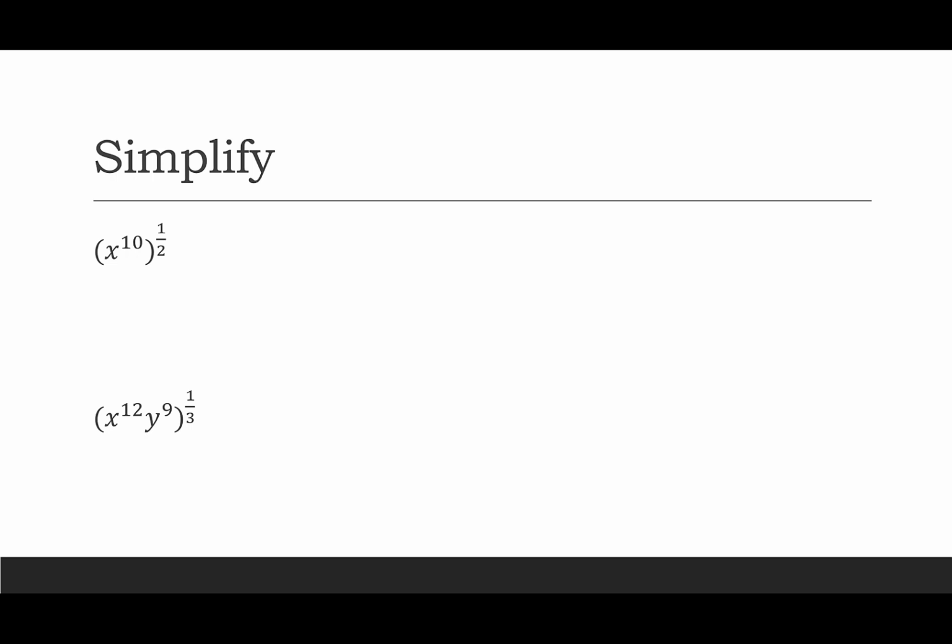Let's take a look at x to the 10th to the 1/2. So we know this is equal to the square root of x to the 10th, but I don't want to do that. What I want to do instead is think about my rules for exponents. The power rule says when I have a base raised to an exponent raised to another exponent, I'm going to multiply. So I'd have 10 times a half, which is equal to x to the 5th.